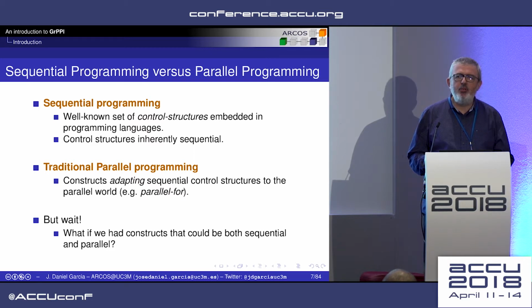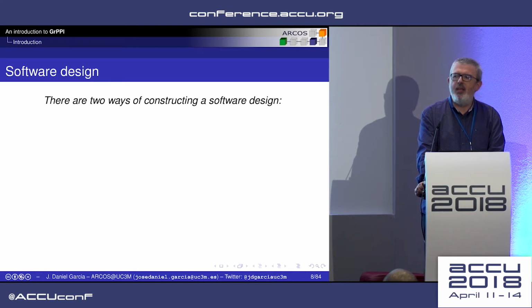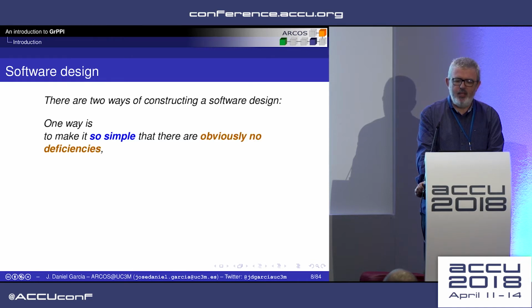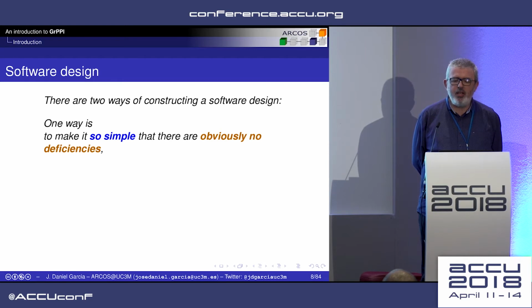So we tried to think about this, and at the same time we tried not to invent a new programming language or a domain-specific language. I like this quote a lot. There are two ways of constructing a software design. One way is to make it so simple that there are obviously no deficiencies.